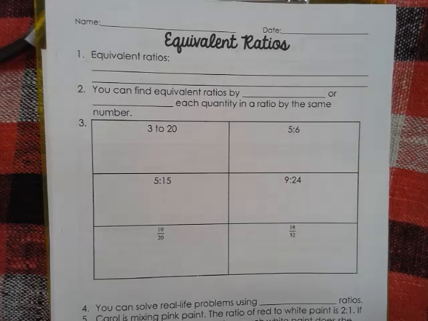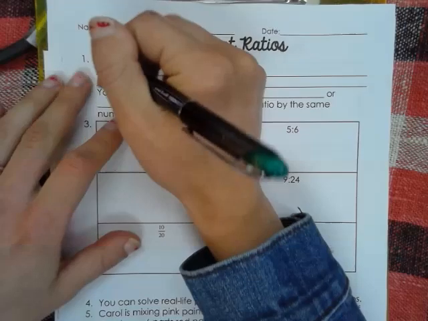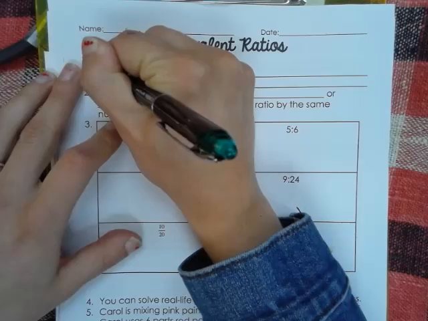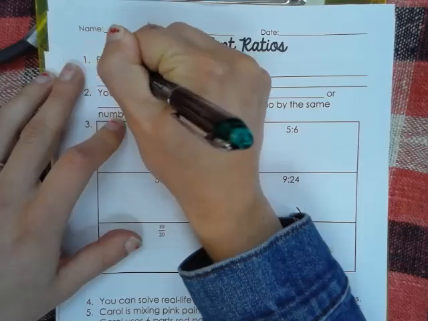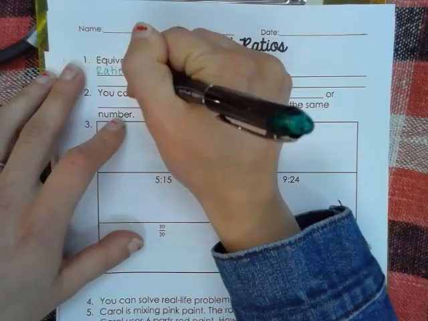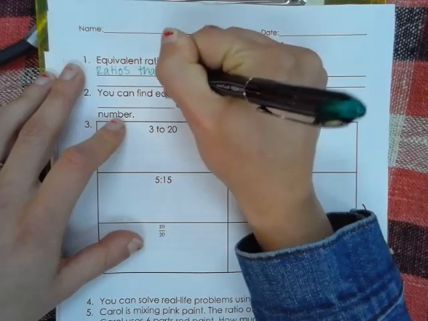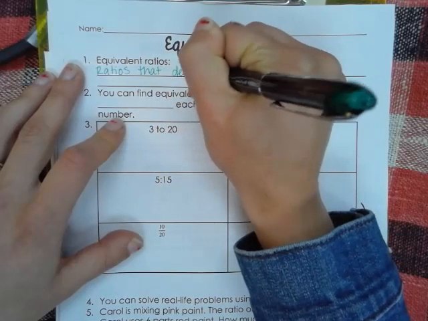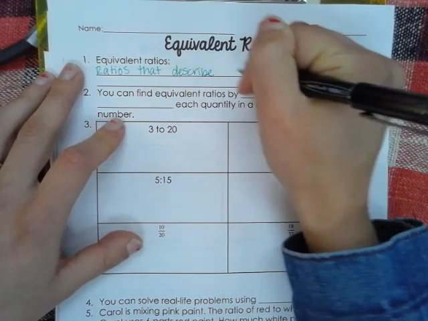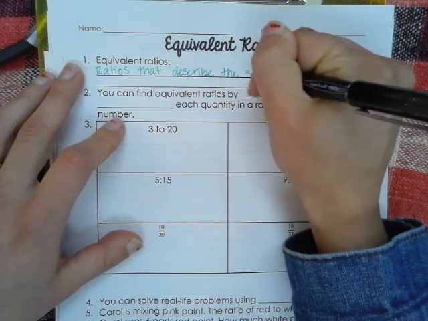An equivalent ratio are ratios that describe the same relationship.